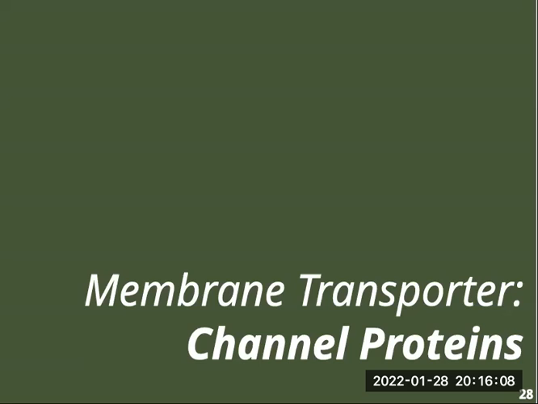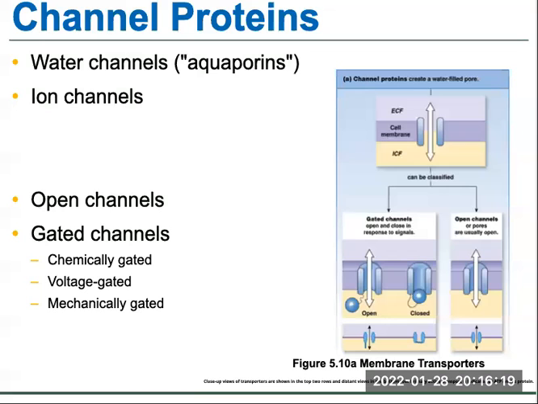Okay, so membrane transport proteins can be channel proteins or carrier proteins. First, we're going to talk about channel proteins. Channel proteins are named according to what they allow to pass. Most cells of our body have water channels, as we discussed earlier in this lecture, and these water channels are called aquaporins. There are actually many different subtypes of aquaporin.